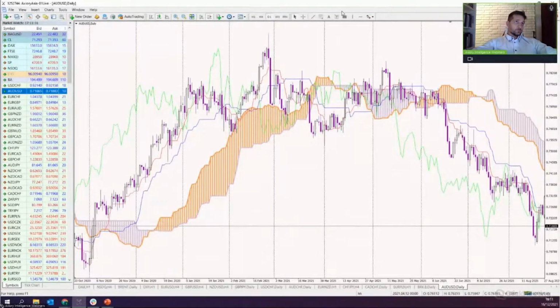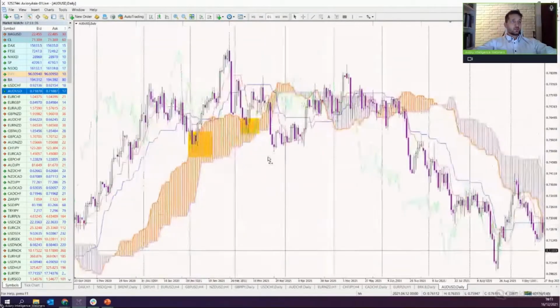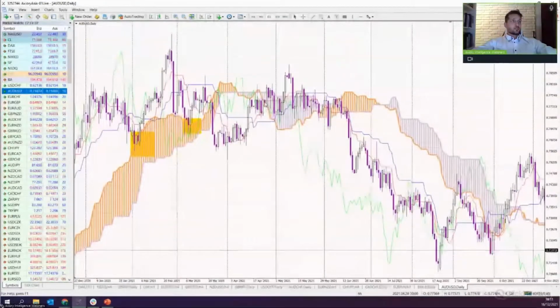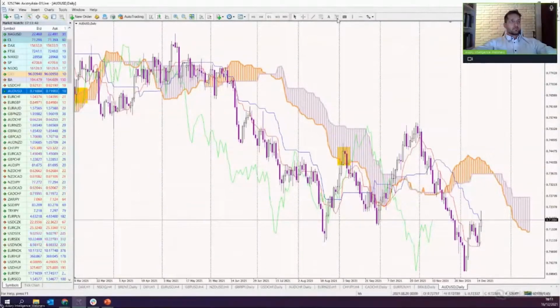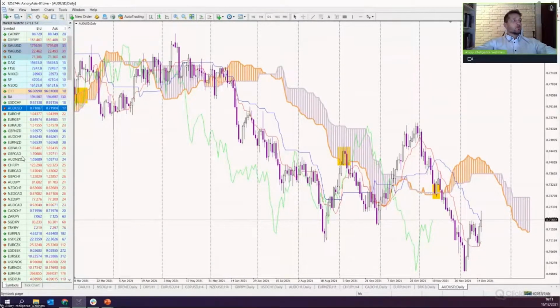Kumo works here as a support. Here works as a support. Does it work as a resistance? Not really. Breakout. Does it work as a resistance? Yes. Does it work as a resistance here? Does it work as a support? Just for 2 days. Does it work, Kumo? Not really.